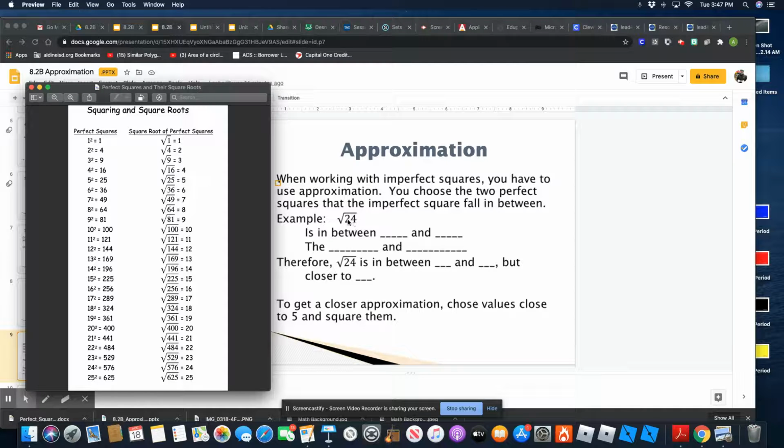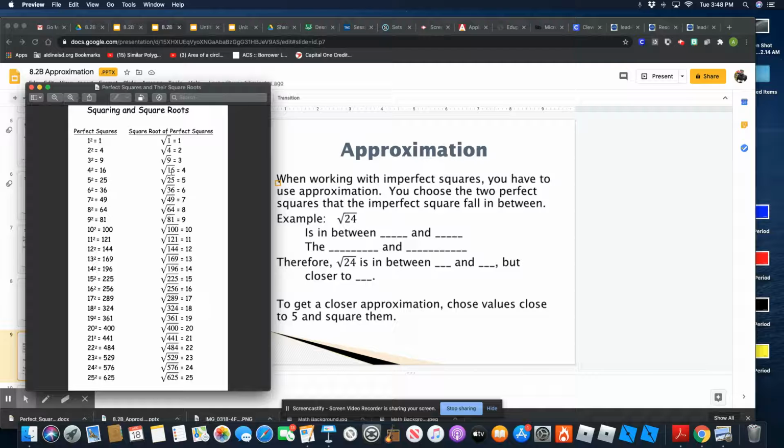So I want to approximate the square root of 24. If I look on my square root of perfect square sheet, I don't have the square root of 24 here. However, I do have 2 values that the square root of 24 would fall in between. I've got the square root of 16 and I have the square root of 25. I know that the square root of 24 has to be in between these 2 values, right?